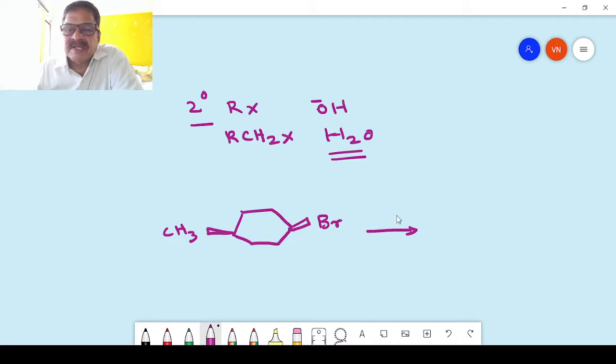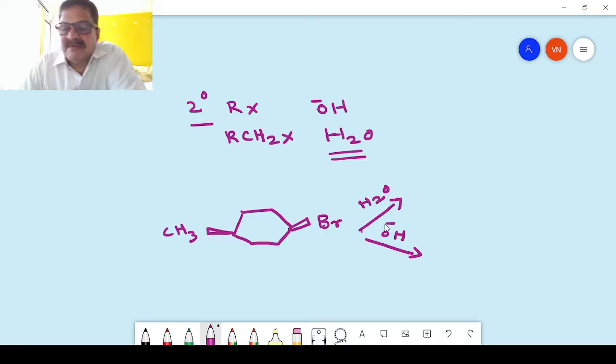It can react with water, a weak nucleophile H2O, and it can react with a strong nucleophile, OH minus. A strong nucleophile favors, we know, the Sn2 reaction. So in the Sn2 reaction, from where will the nucleophile attack?